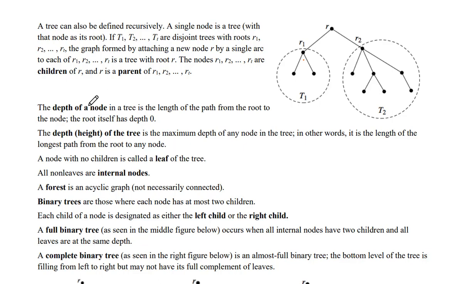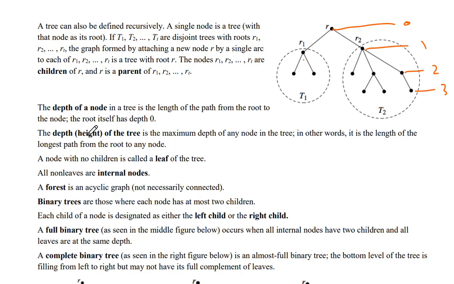So the depth of a node in a tree is the length of the path from the root to the node. The root itself has a depth of 0. So if I take this example here, this is depth 0, this is 1, this is 2, and this is 3. So this graph here, this tree, has a depth of 3.